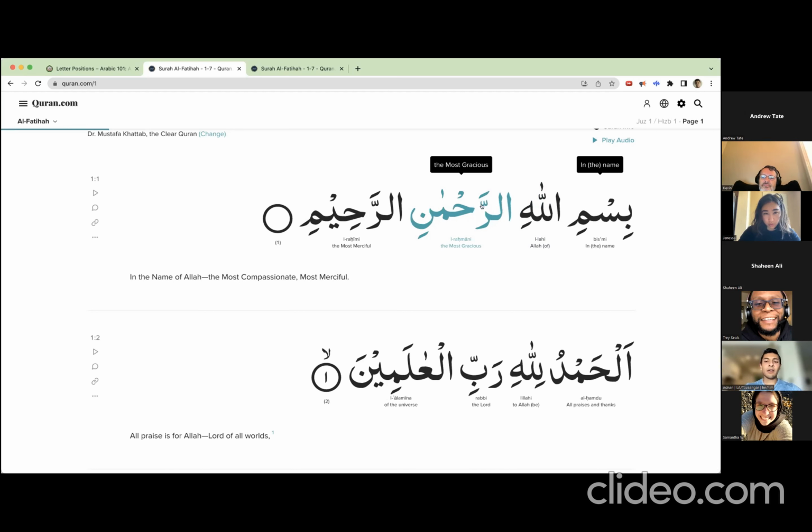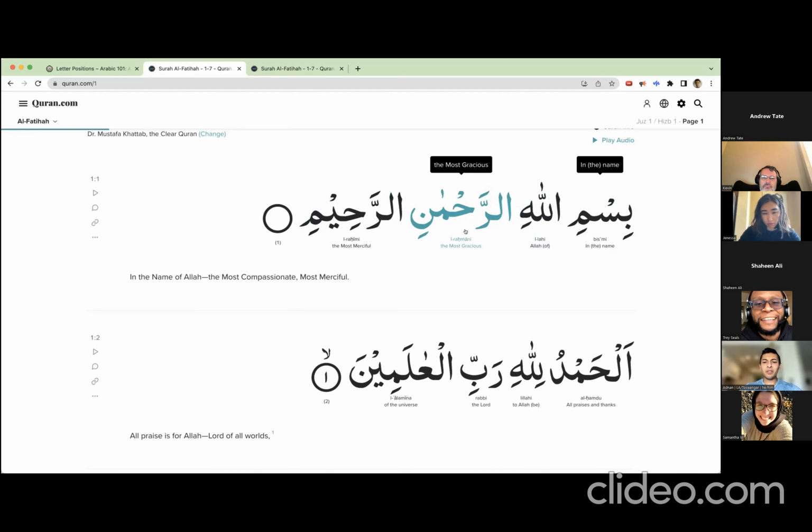It wasn't a word that was commonly used in Mecca, actually, but rather more commonly used in Southern Arabia by Christians and Jews. So it was associated with the monotheistic God of Christians and Jews rather than the pagan gods. And what Islam does is bring that into the discourse, that God is Ar-Rahman.